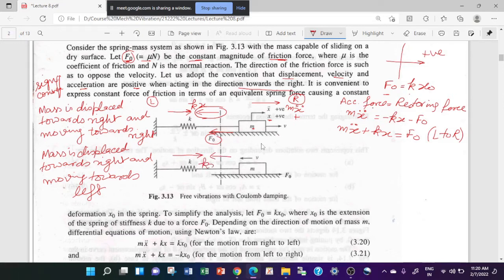This is your kx. You are having an accelerating force in this direction mx double dot, and then you are having a frictional force f naught in this direction opposite to the velocity.